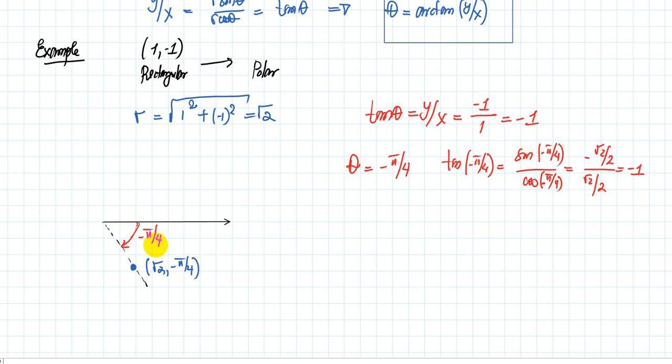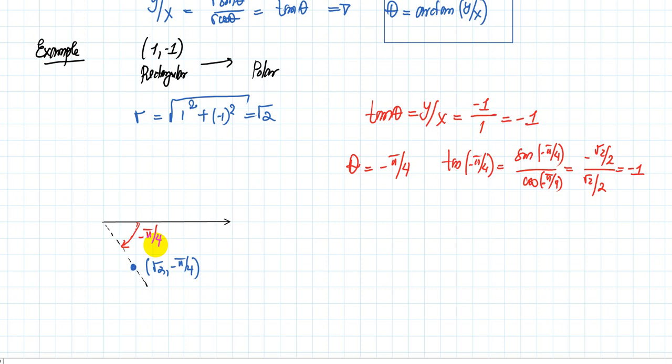Okay. So could you please tell me, is it the only way to represent this point? No? For example, is it possible to reach this point going not in the clockwise direction like we did, but in the counterclockwise direction, right?